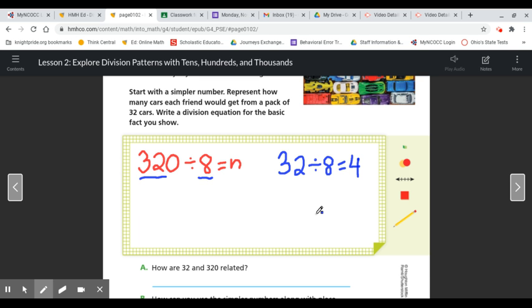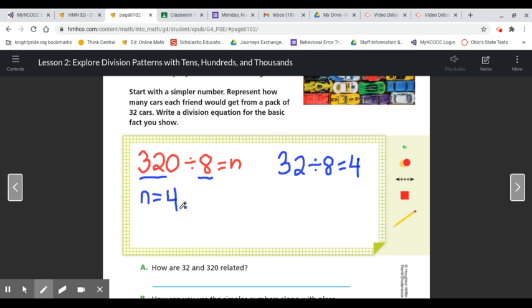Okay, so now let's talk about how we can use the idea of knowing that 32 divided by 8 equals 4 to help us solve what 320 divided by 8 would equal as our unknown number. Well, you go ahead and write my n here. N is going to equal, I'm going to start here with my basic fact of 32 divided by 8, which is 4.